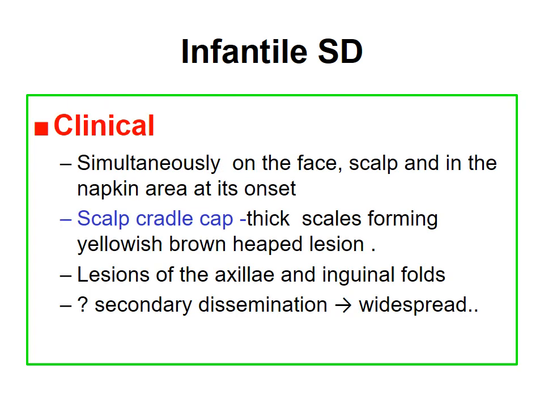Clinically, it appears simultaneously on the scalp, face, and napkin area at its onset. On the scalp, called cradle cap, scales form yellowish-brown heaped lesions. Lesions at the axilla and inguinal folds are also very characteristic. Secondary dissemination and widespread disease is rare.